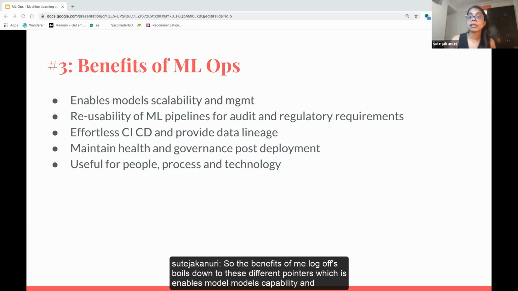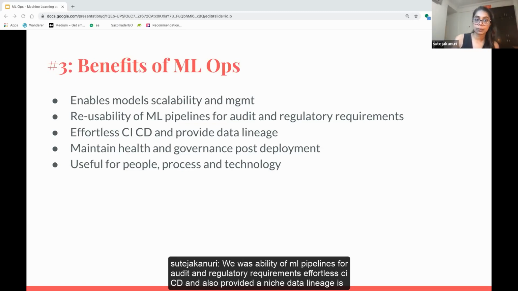So the benefits of MLOps boil down to these different pointers: it enables model scalability and management, reusability of ML pipelines for audit and regulatory requirements, effortless CI/CD, and also provides data lineage. Data lineage is extremely important for analytics and machine learning teams both.